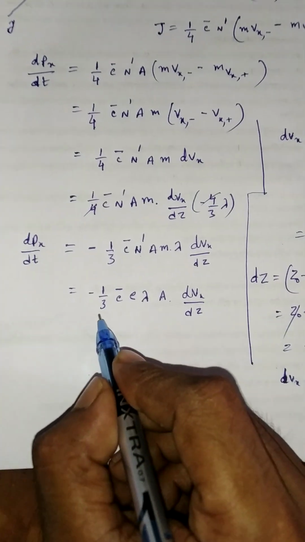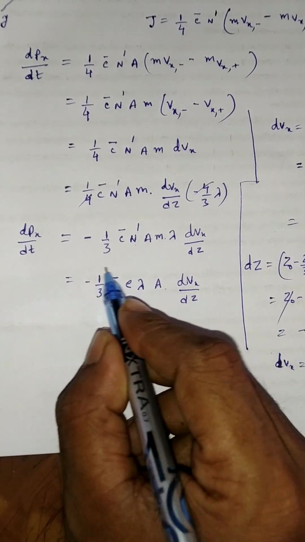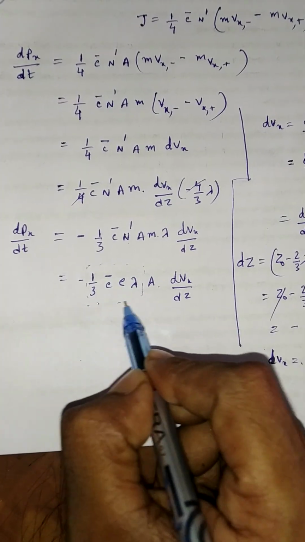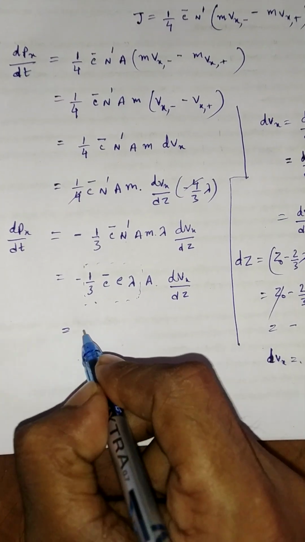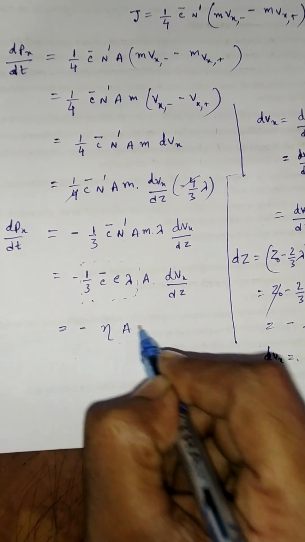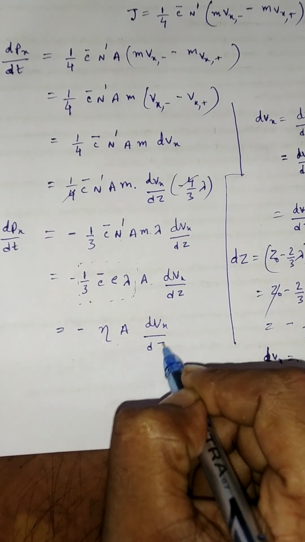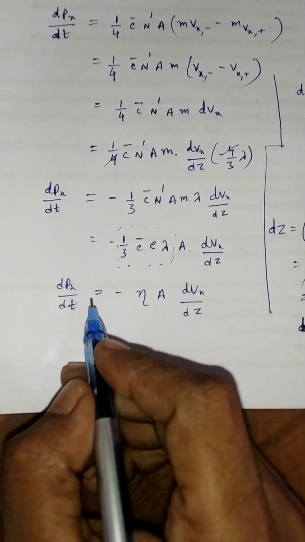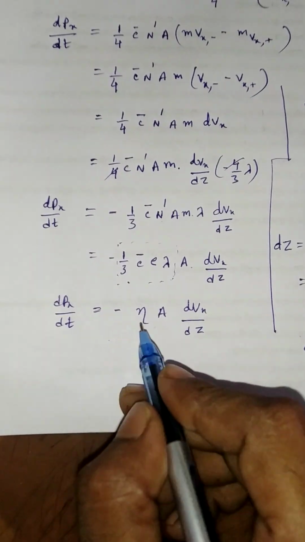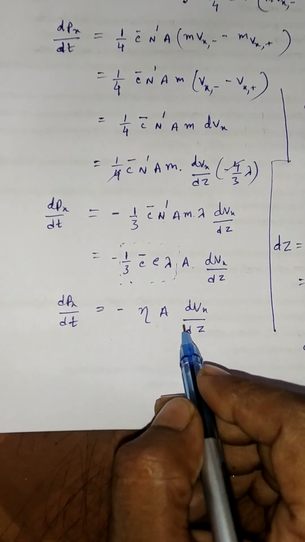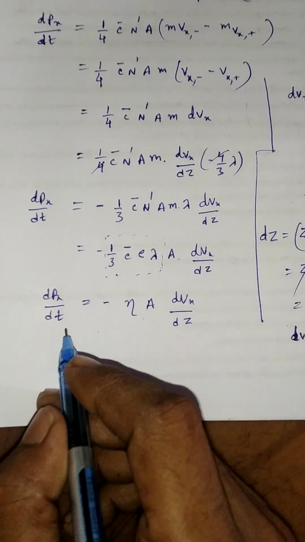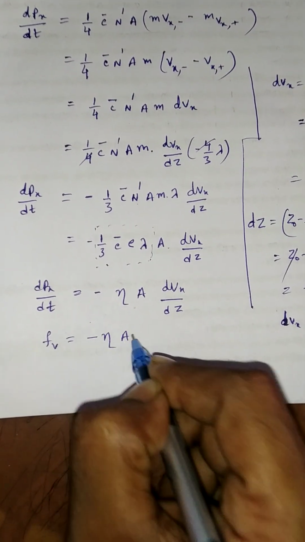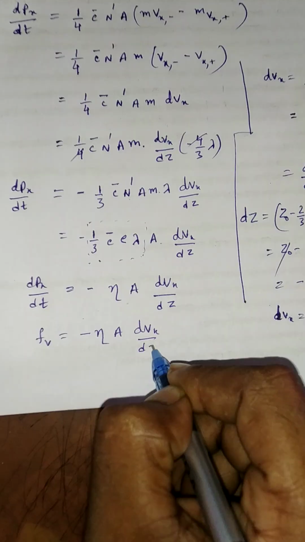Now this 1 by 3 rho C average lambda is equal to eta, the viscosity coefficient, giving minus eta A dVx by dz. So dpx by dt, that is Fv, equals minus eta A dVx by dz.